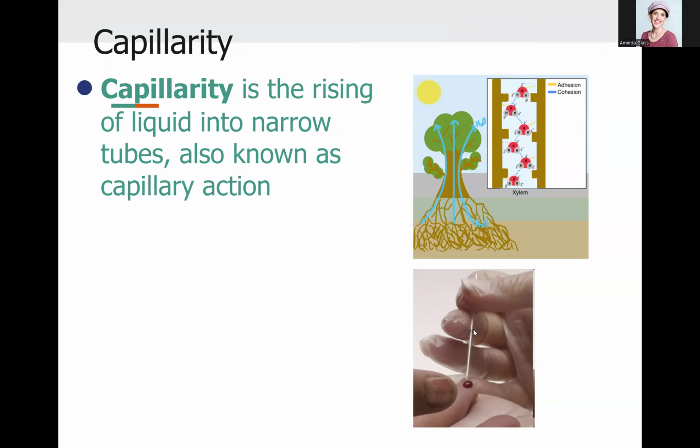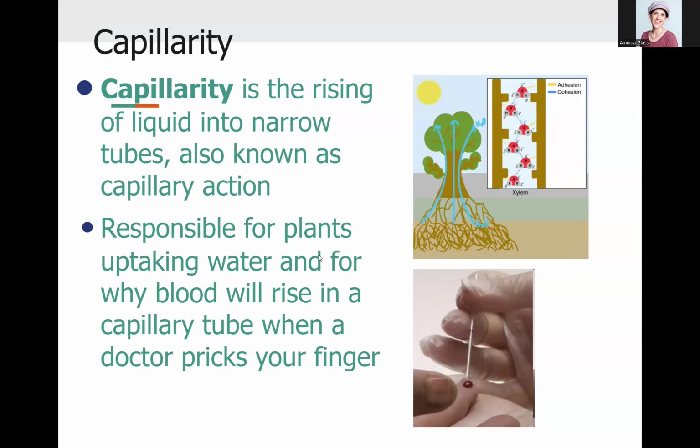It's called a capillary tube because it just naturally rises up. This is what happens in our own capillaries and in the roots of trees and plants. This is how plant life takes water up into itself and why blood rises in the capillary tubes.